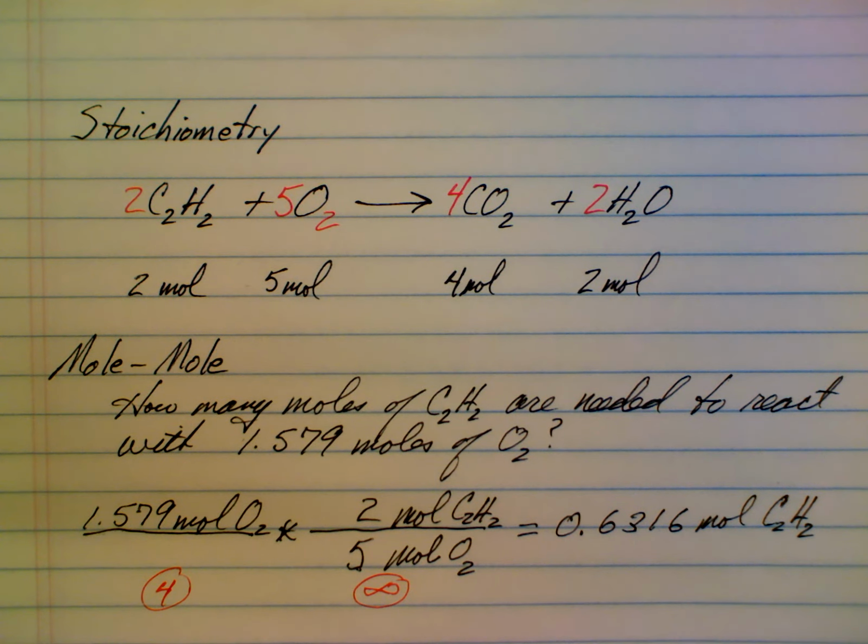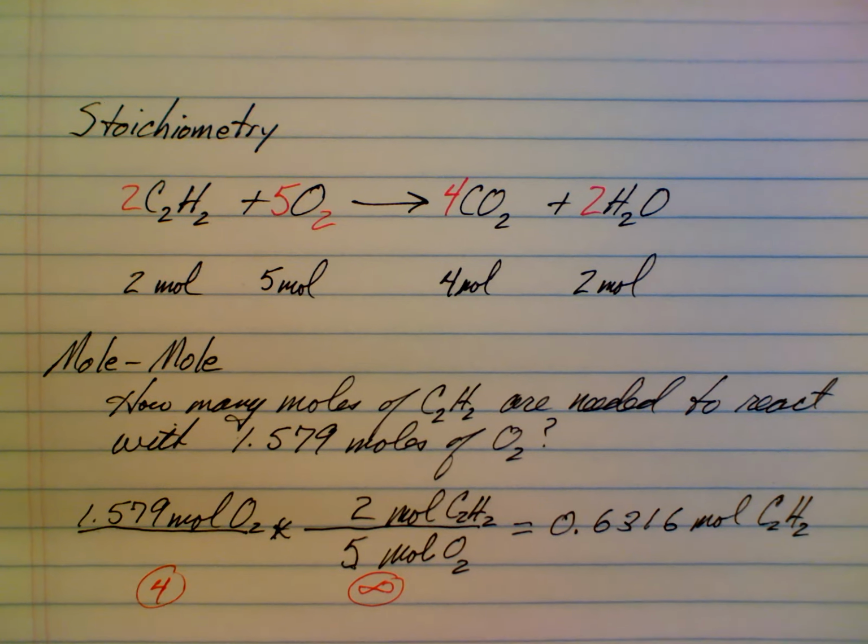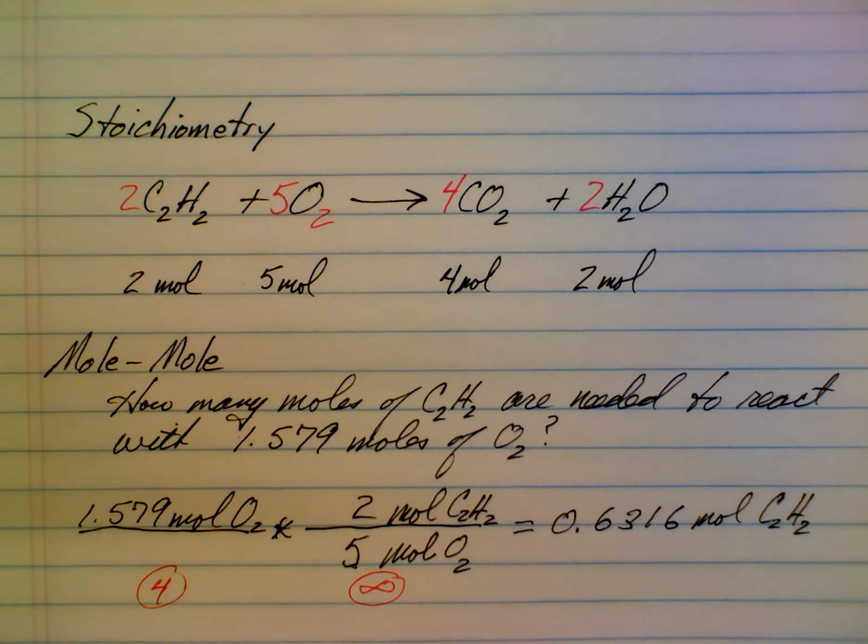Now, the same thing can be done with the products. The coefficients in front of the products would be involved in the same way as we just did with the reactants.